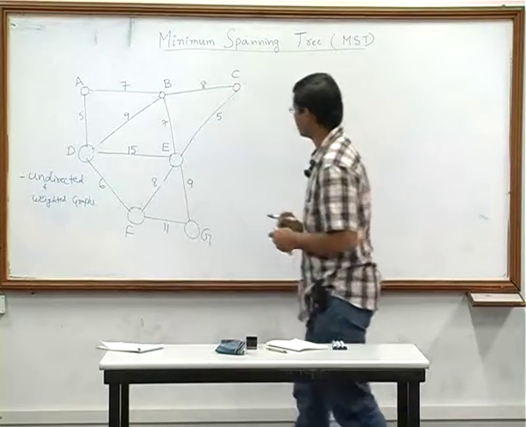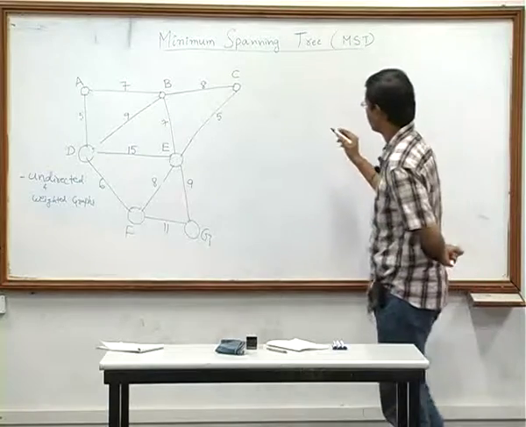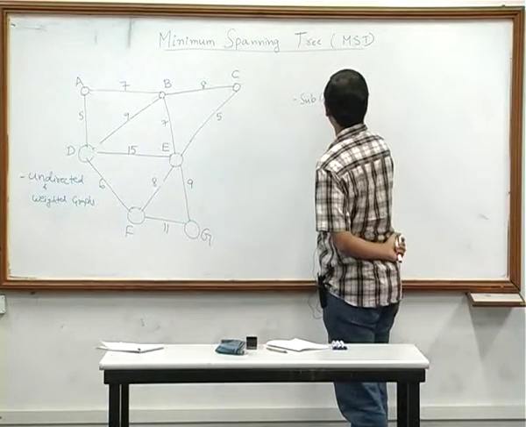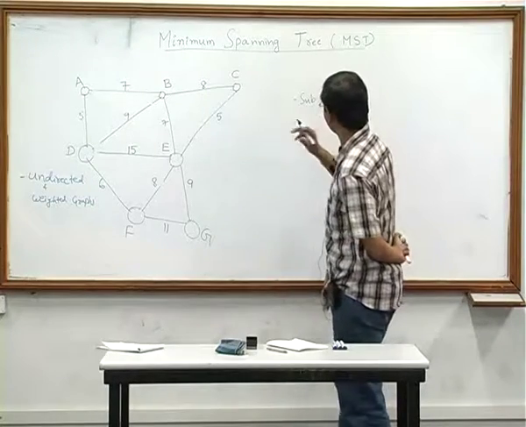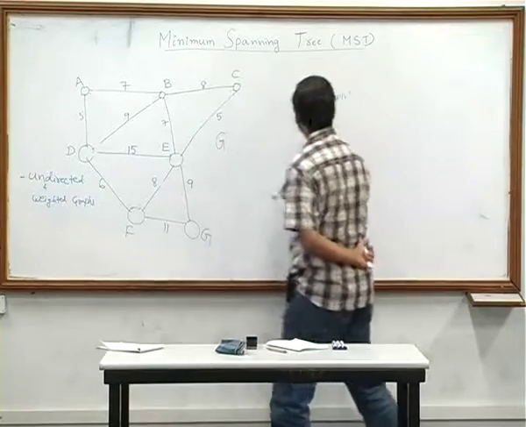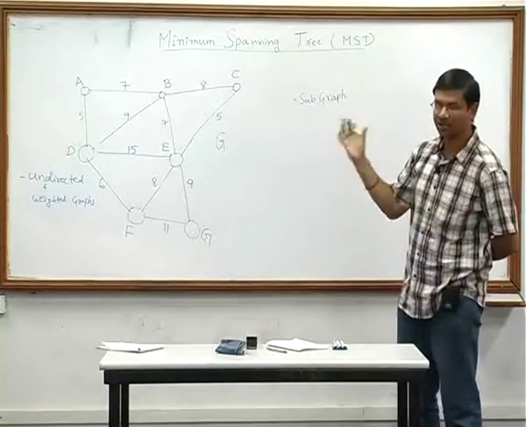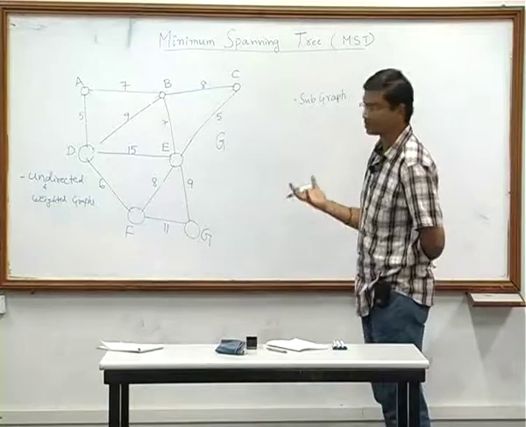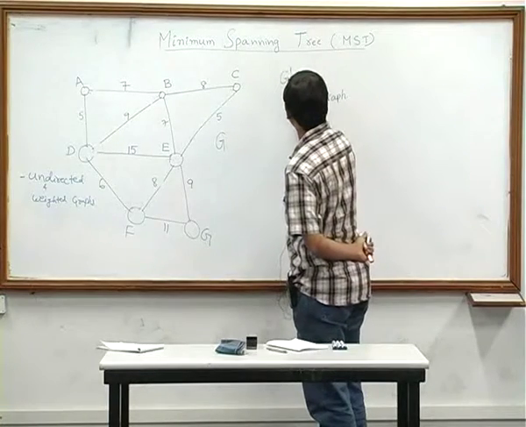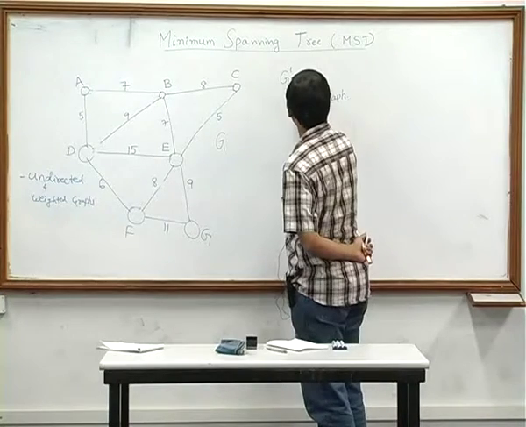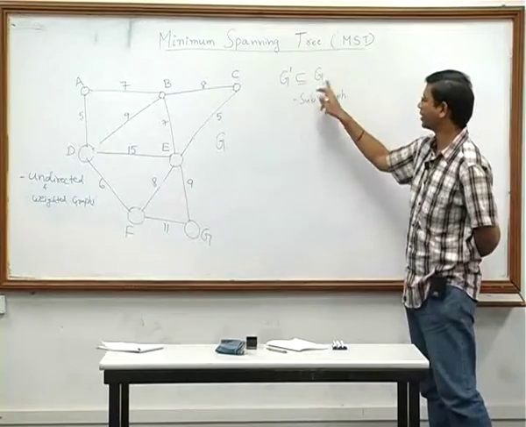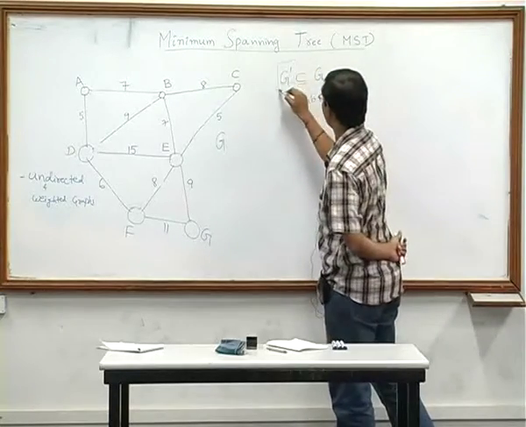Okay. So what we want to select is a subgraph. Okay. So this is the graph G given, okay, and we need to select some edges, so we can treat that as a subgraph. Okay. So this is the notation for representing the subgraph of a graph. Okay. So G prime is a subgraph of G, so this is what we need to find.